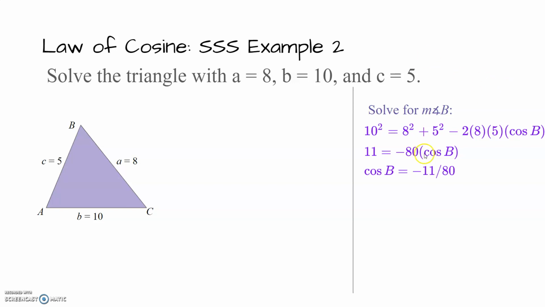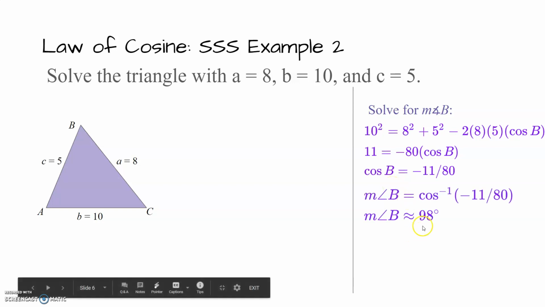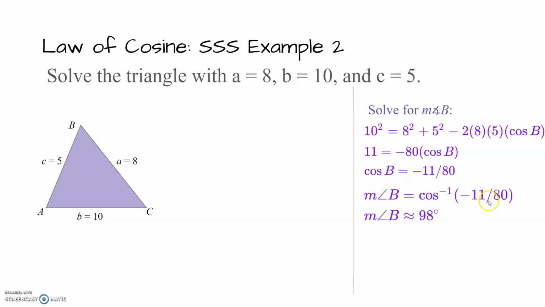Subtract, divide your coefficient, and use a cosine inverse. Again, notice that the cosine ratio is a negative here. So we're going to have an obtuse angle because cosine inverse of something that's negative is going to go into quadrant 2. Again, we wouldn't see that with a sine function.